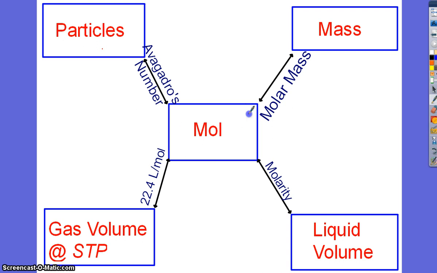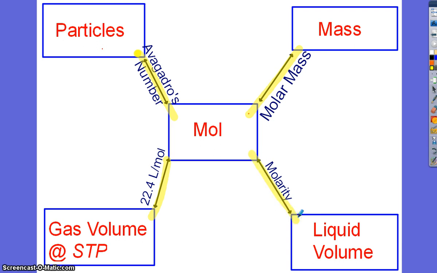So again, if I'm going from particles to moles or back again, I use Avogadro's number. If I'm going from moles to mass or back, I use molar mass. If I'm going from moles to gas volume, I use the fact that it's 22.4 liters per mole. If I go from moles to liquid volume, I use the molarity.